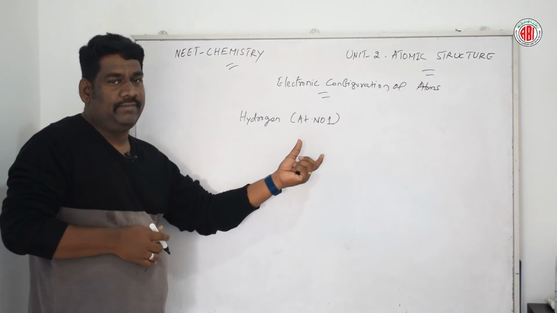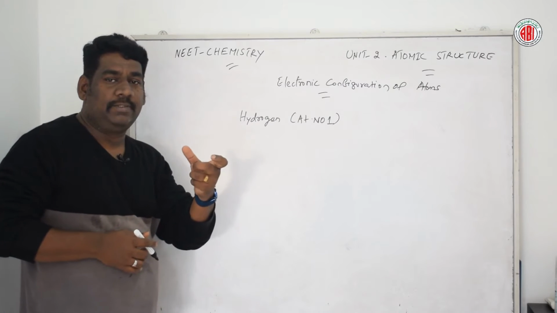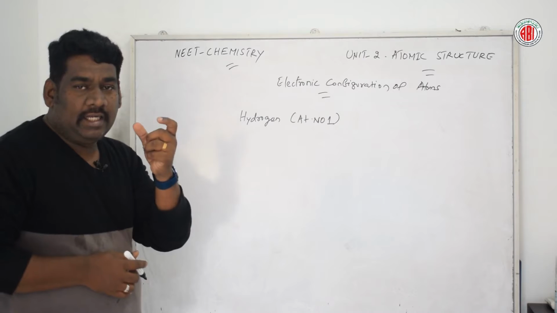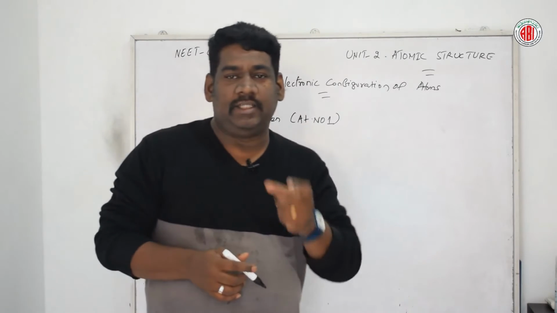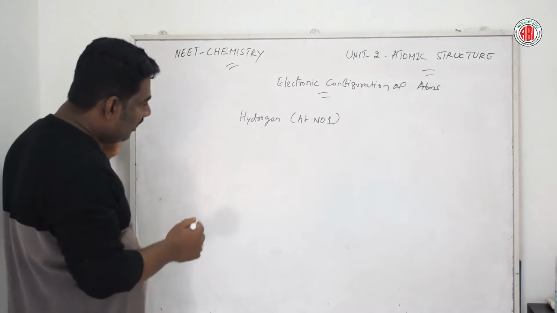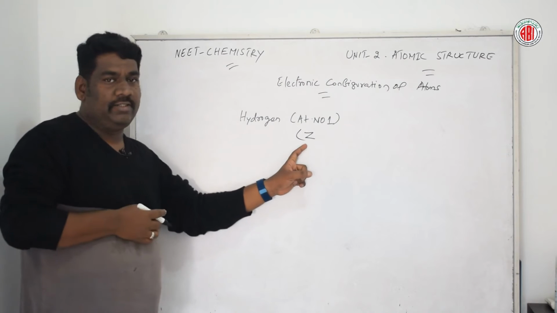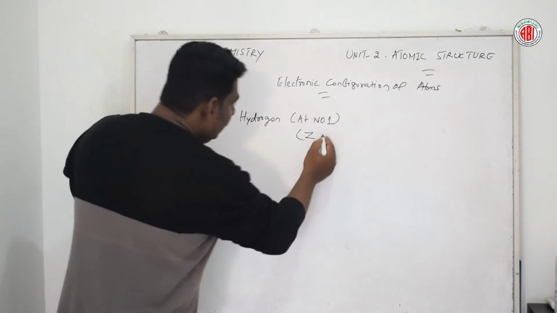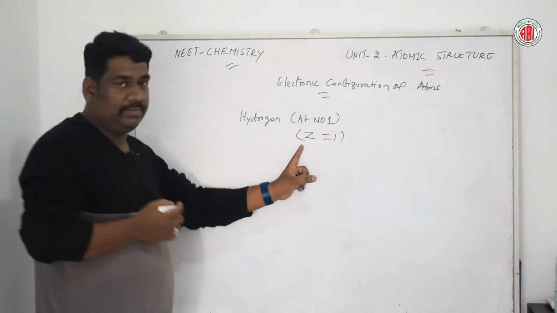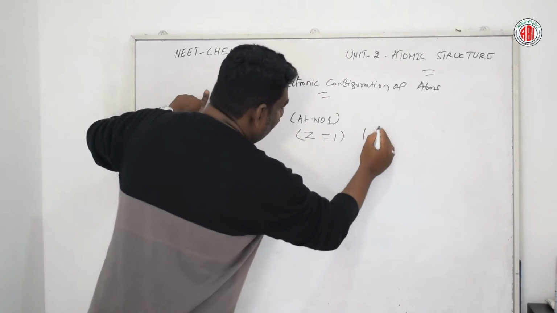Talking about hydrogen, atomic number 1, the electron goes into the first orbital, that is the 1s orbital, which has the lowest energy. Z is the symbol we use for atomic number, so Z equals 1 for hydrogen. This is written as 1s1.